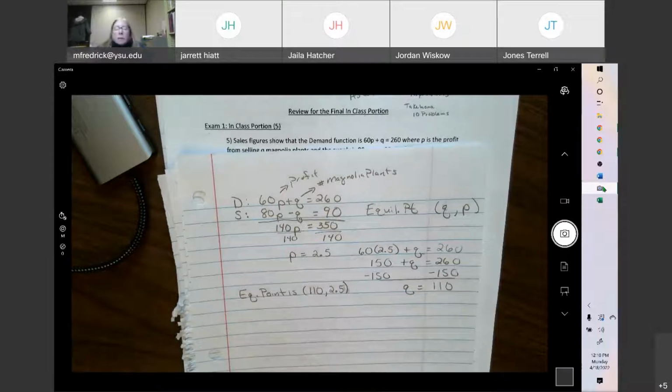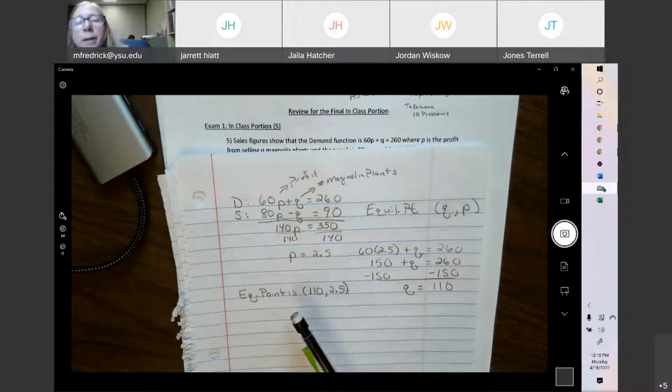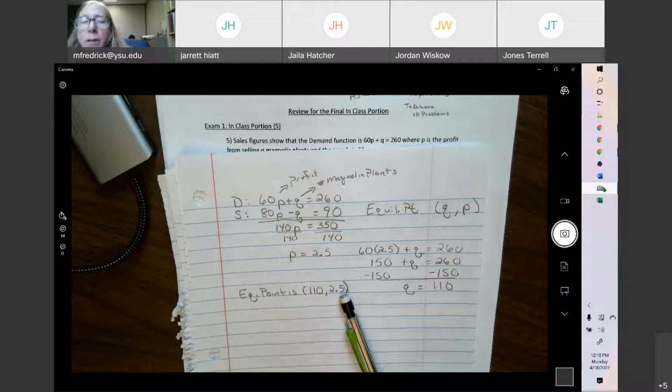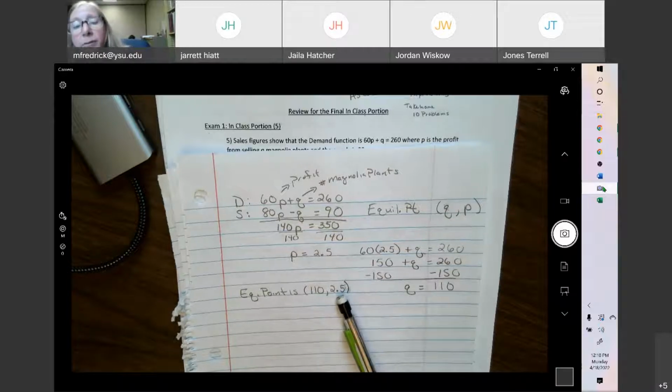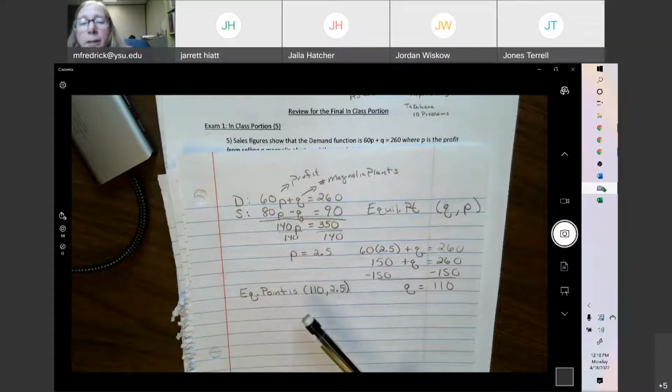The reason the equilibrium point is important: if the price of a magnolia plant is $2.50, we will sell 110 of them. And we will sell all of them. At different prices, like if we raise the price, we're going to sell less, and we may not sell everything.